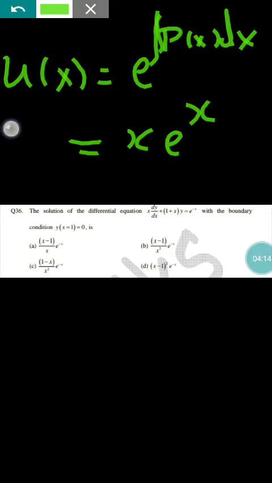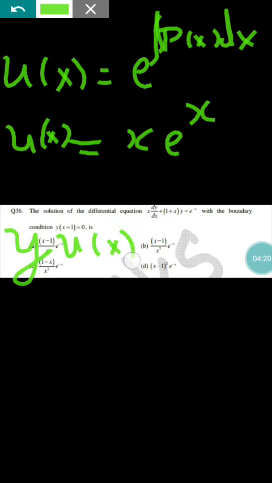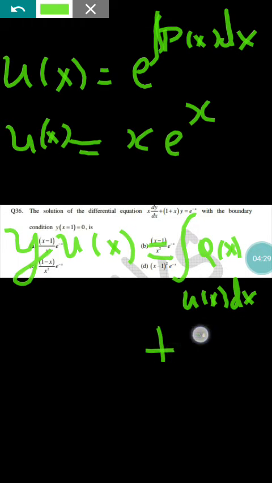So I got u of x, which is the exponential of the integral of p of x dx, and just now we got this value as x e power x. What is the next procedure? I said y times u of x is equal to the integral of q of x times u of x dx plus c.